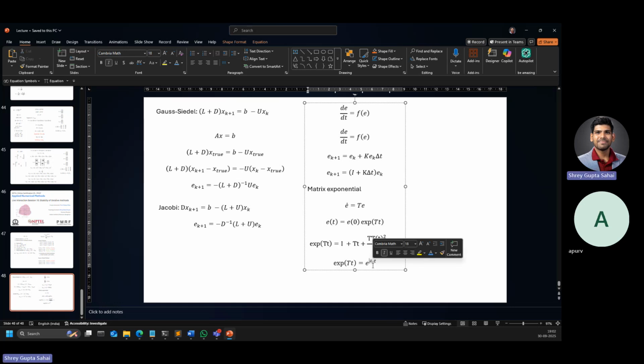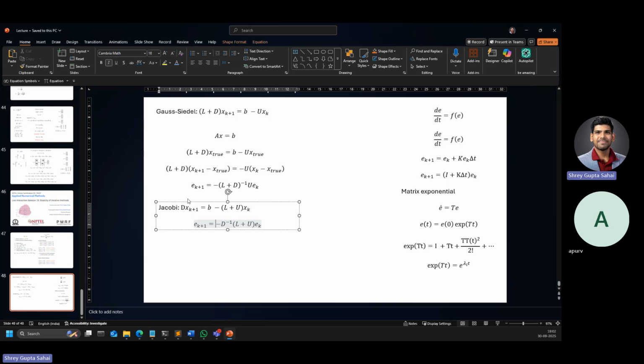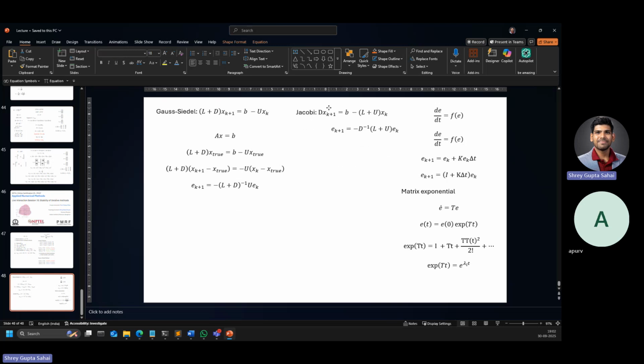Does that make sense? Yes, sir. So basically the eigenvalues of this thing will be less than 1. Anyways, kind of a detour here, but coming back to our Gauss Seidel thing.